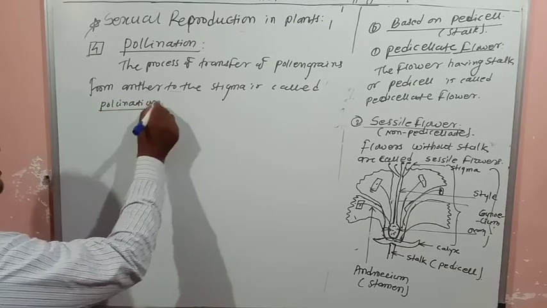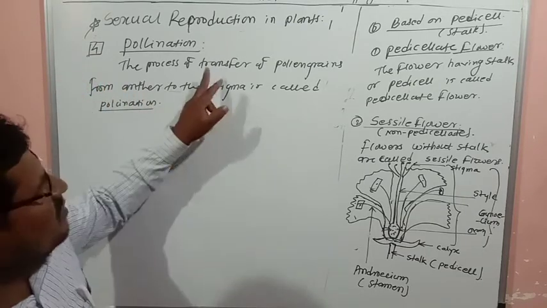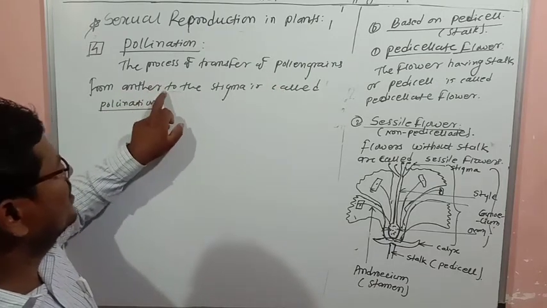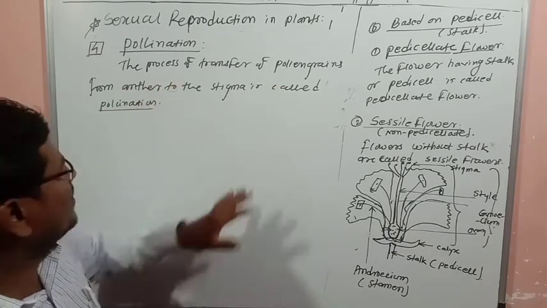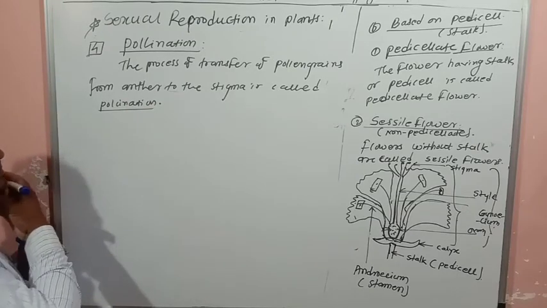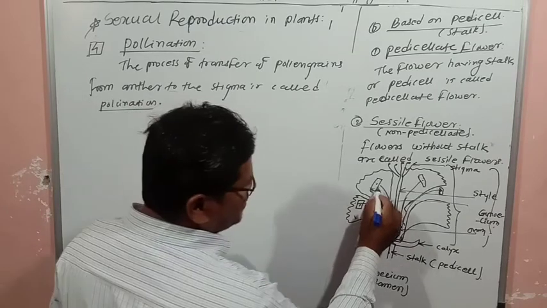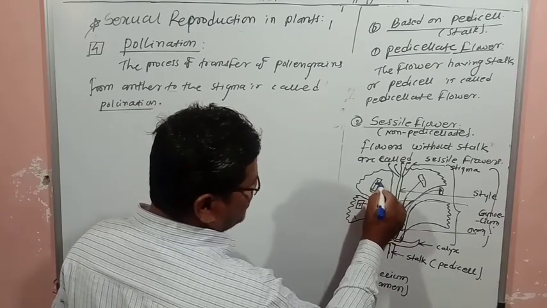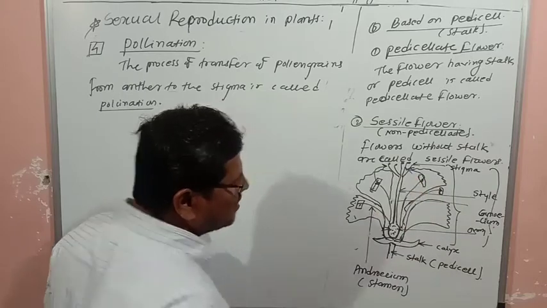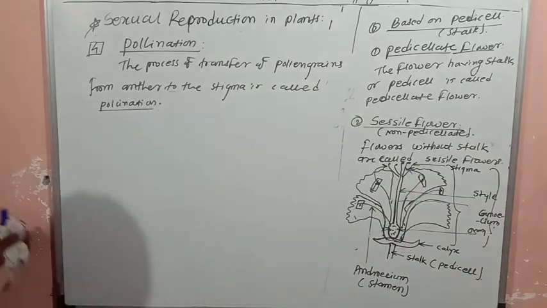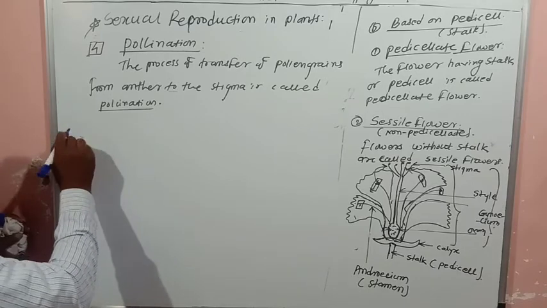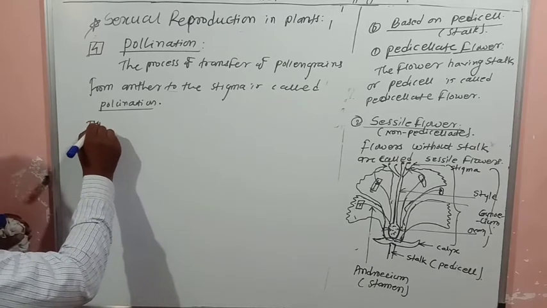In the anther, pollen grains are transferred to the stigma. So that is pollination. Next we will see types of pollination.